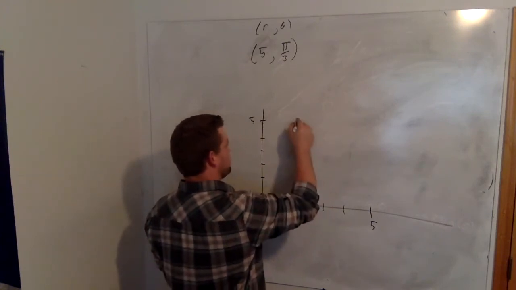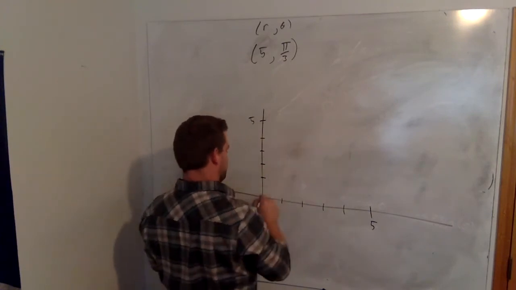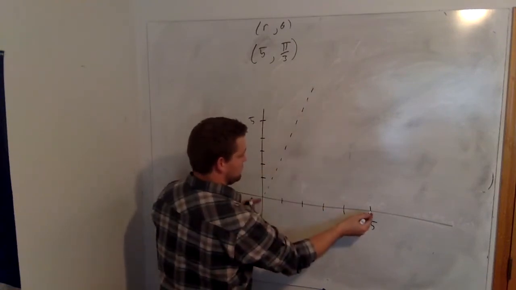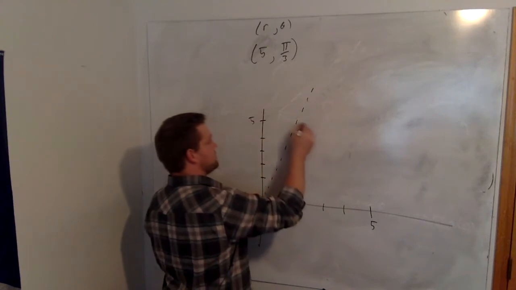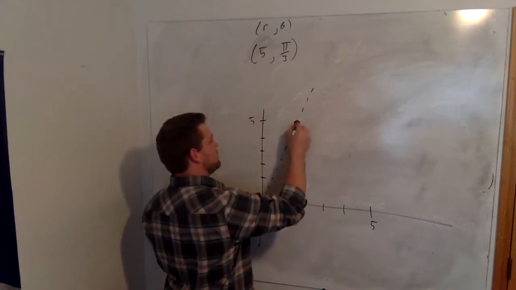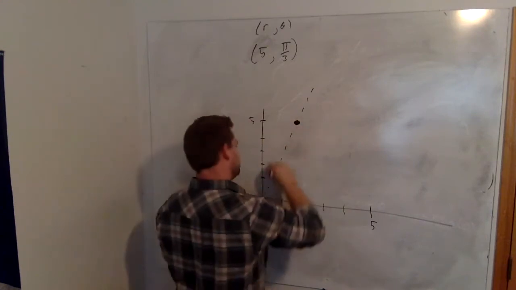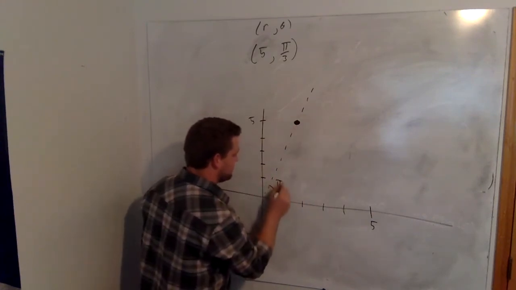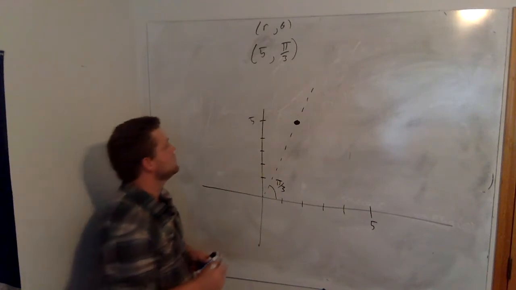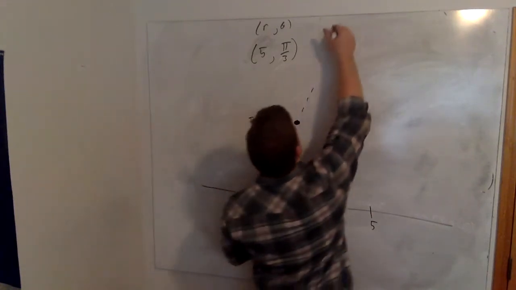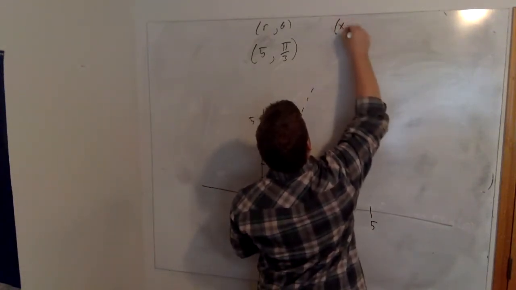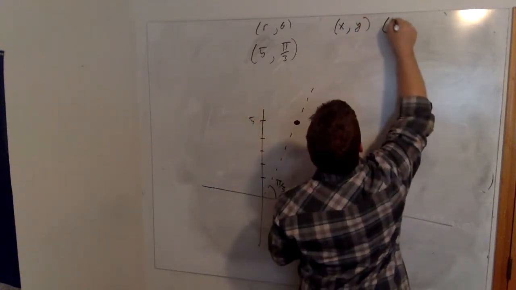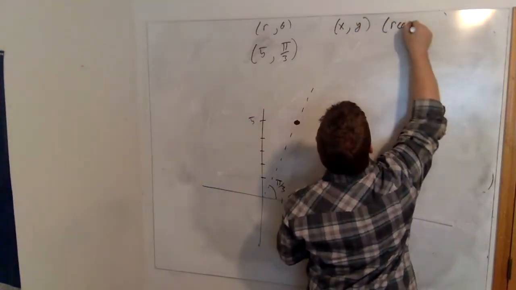Pi over 3 is, I don't know, maybe roughly here. It's hand drawn, but a radius of 5, maybe roughly right here. So in polar coordinates, this length here will be 5, and this angle here is pi over 3. Okay, what would this look like though if it were in rectangular coordinates? Well, we need to remember that this is equivalent to r times the cosine of theta.